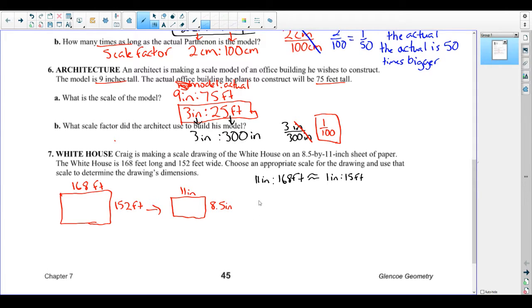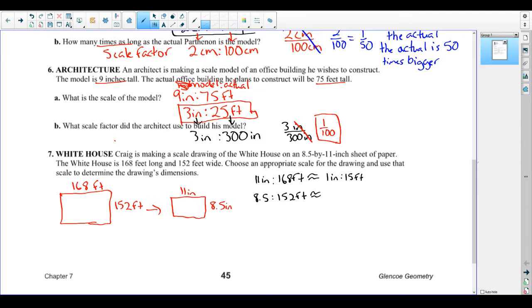Okay? Then our second ratio, 8.5 to 152 feet. Let me do the same thing. What's our scale there? Divide again. What's 150 divided by 8.5?